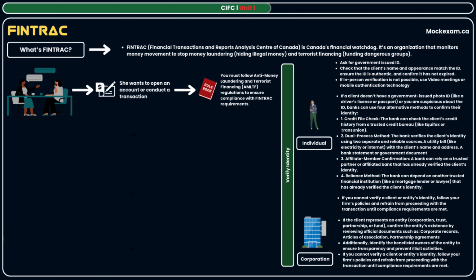Such as corporate records, articles of association, partnership agreements. Okay. Individuals have government ID, corporations have corporate records or articles of association. When dealing with a corporation, to verify their identity, you have to review these documents. Additionally, identify the beneficial owners of the entity to ensure transparency and prevent illicit activities.